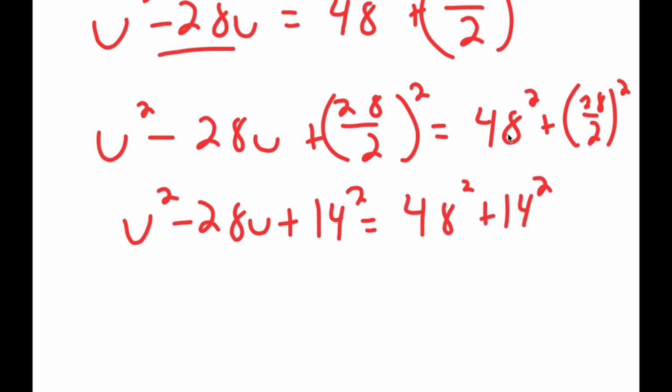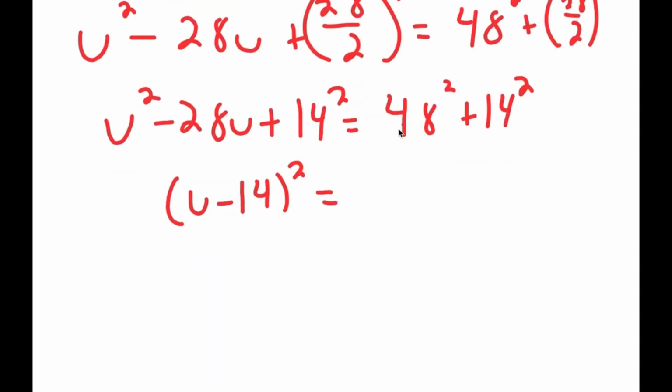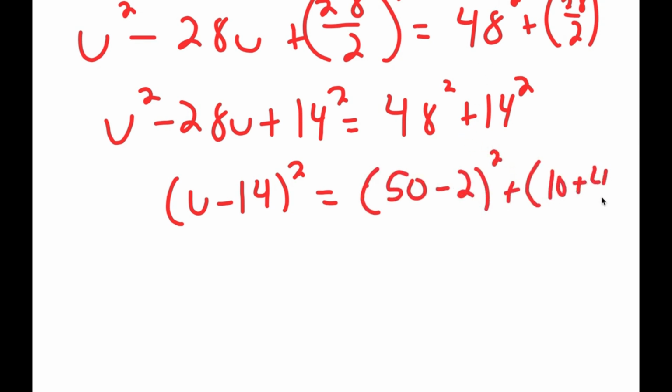The reason I used completing the square is because now I can factor this. This turns into u minus 14 squared, which is equal to 48 squared plus 14 squared. I'm going to rewrite 48 as 50 minus 2, squared, and 14 as 10 plus 4, squared.